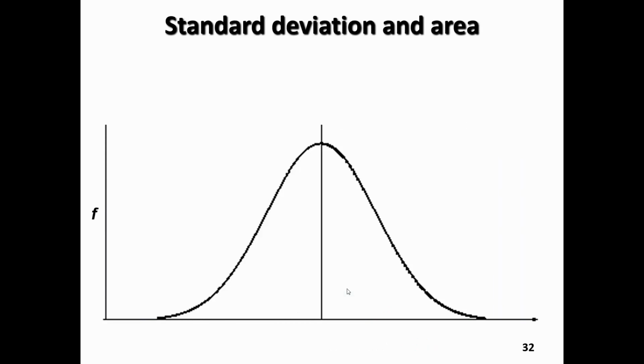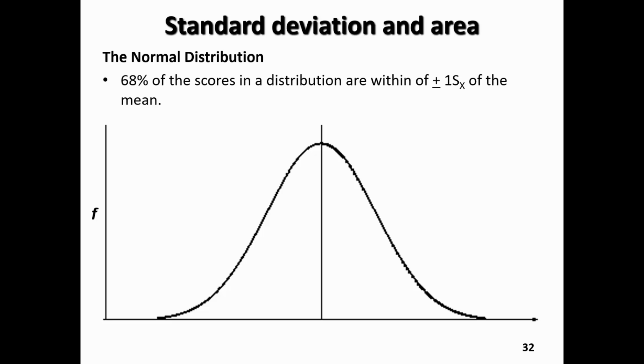And so when we take a look at the standard deviation with respect to the normal distribution, the standard deviation will capture approximately 68% of the scores in that distribution within plus minus 1 standard deviation unit of the mean.